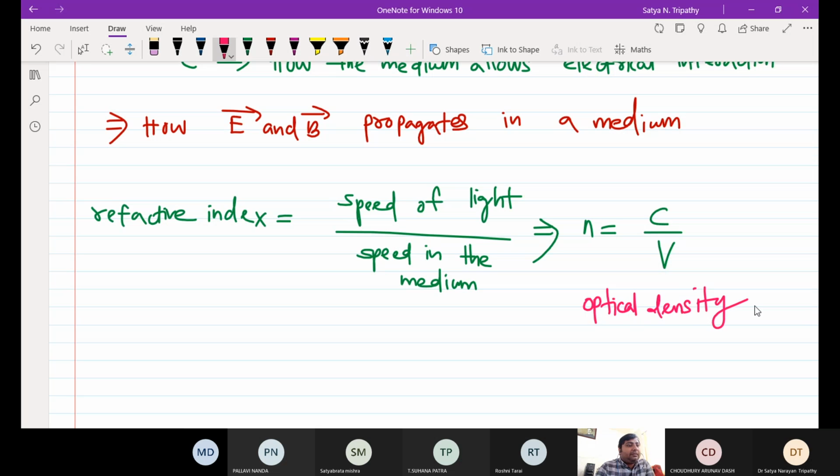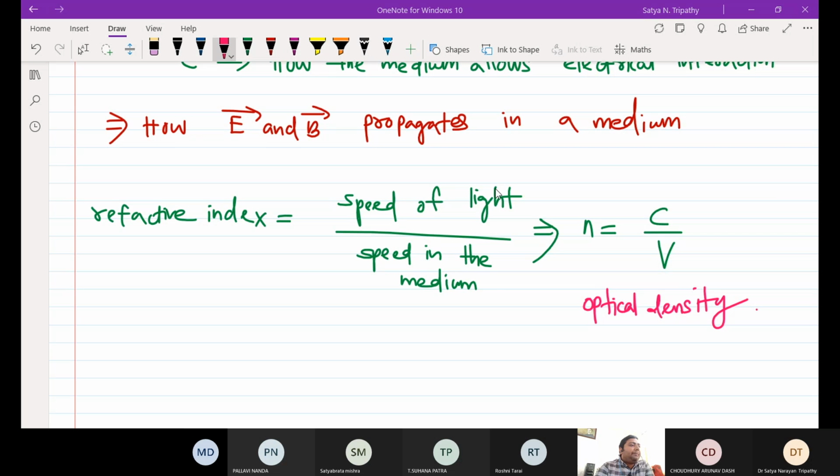This is the basic definition of a refractive index, meaning how light propagates through different media. We are going to deal with different kinds of media, like isotropic and anisotropic. That's why we need this. And since electromagnetic waves have different frequencies, we need the refractive index.